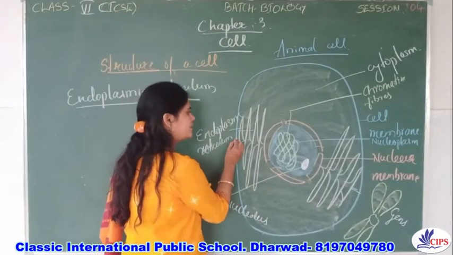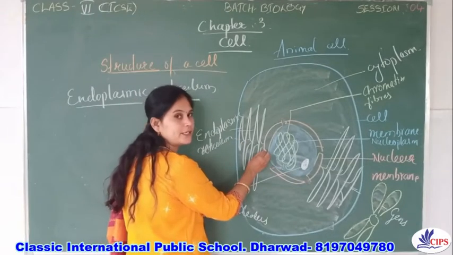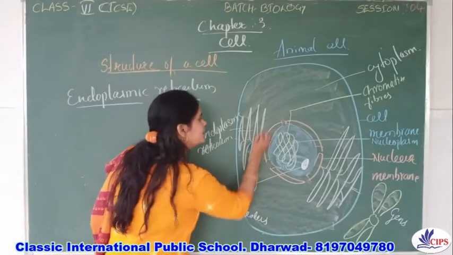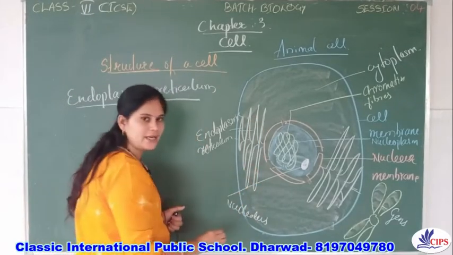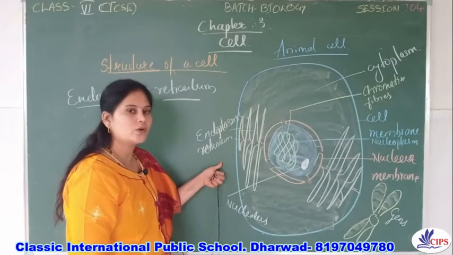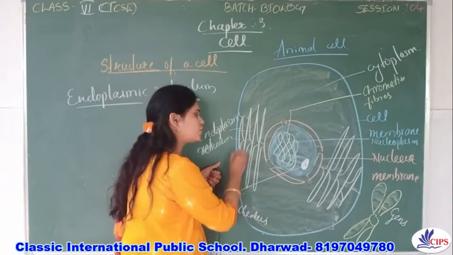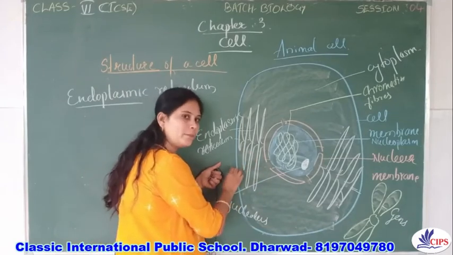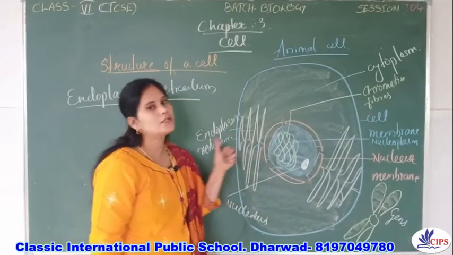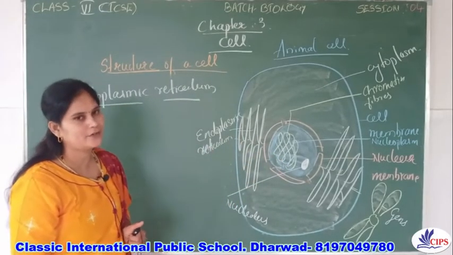See, it is connecting to the cell membrane and at the same time it is connecting to the nuclear membrane, and it is like this, right? It means that this endoplasmic reticulum will help to transport the substances from one part to the other part of the cell, right?